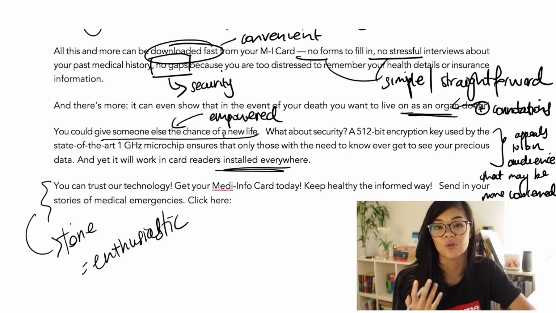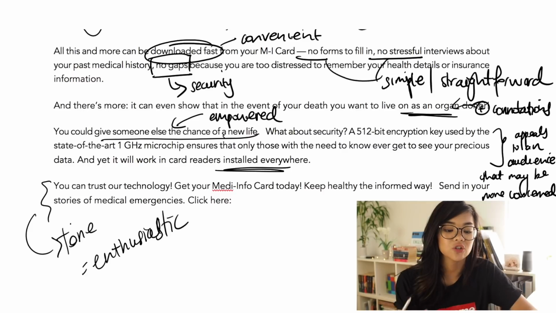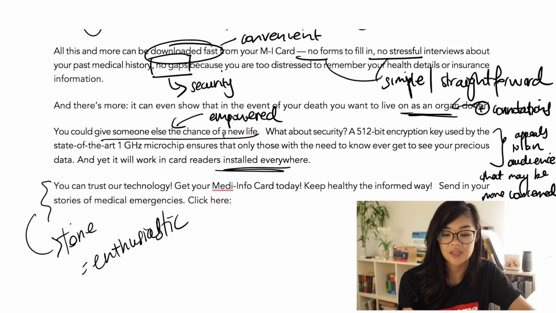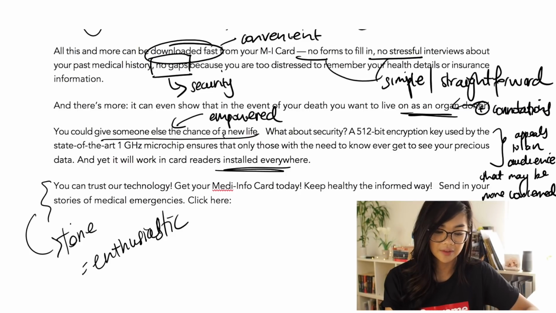So this idea that you're always going to be covered, you can trust our technology, get the Medicard info today, keep healthy the informed way, and then the rest of it is send in your stories of medical emergencies. So because I just want to keep this kind of short, I think I'll leave it there. You could say that with this part, there's this very enthusiastic tone that's carried through the entire thing. Okay, cool. So I'm just going to leave it there.